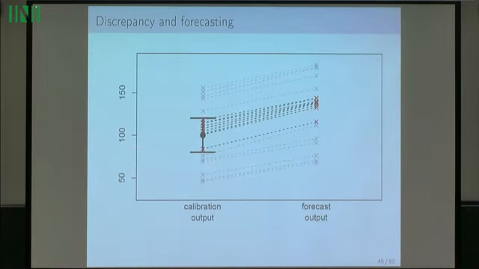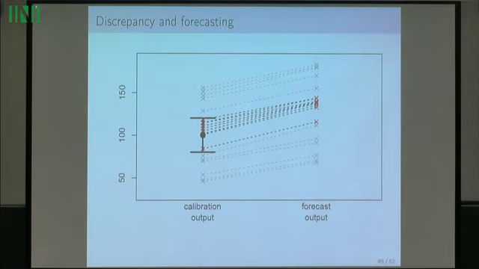But forecasting is potentially a bit odd. Again, without any discrepancy at the moment, I've calibrated that output, I've got some model runs that are close enough to the experiment, so that give me the experimental noise, and then I run my model through to my forecast output, and I get some corresponding output values here. Okay? And then I might not choose to entirely believe what comes out of the model, so I might add some discrepancy on top of each of these points, and that's all fine.